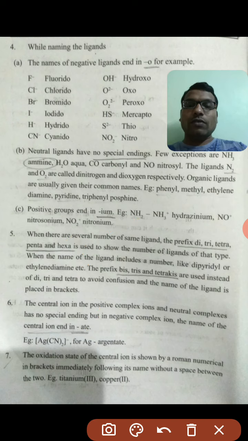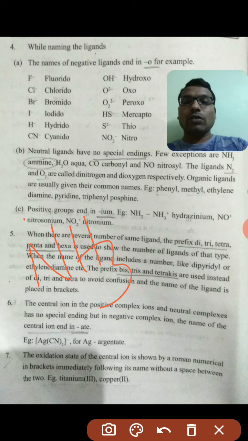Next we'll go for the neutral ligands. The neutral ligands have no special endings. For example, take NH3. NH3 is a neutral ligand because it contains a lone pair of electrons. The name is ammine.